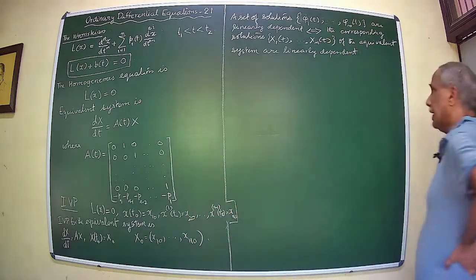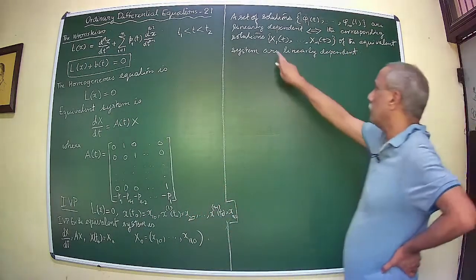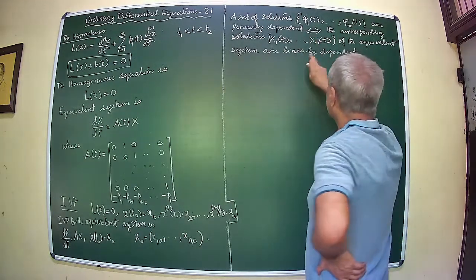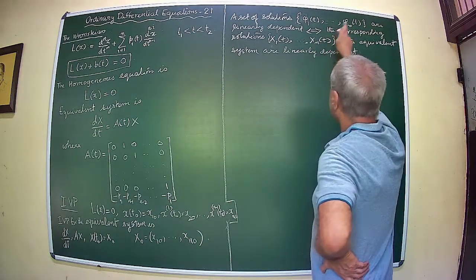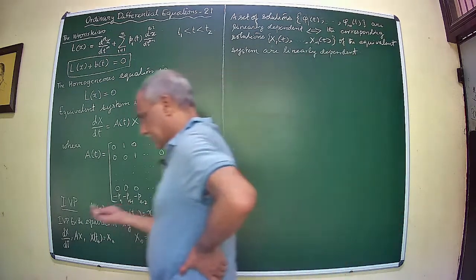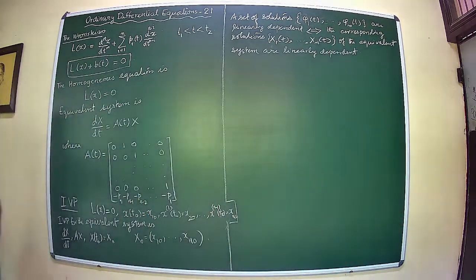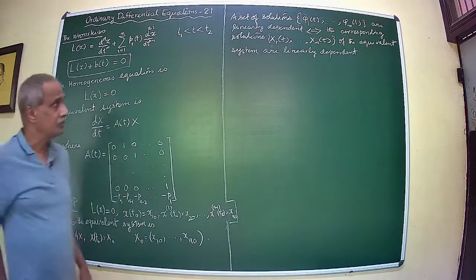And observing that the first component of x1t is phi 1, etc., first component of xnt is phi n. So that's the relation between the phi i's and xi's.